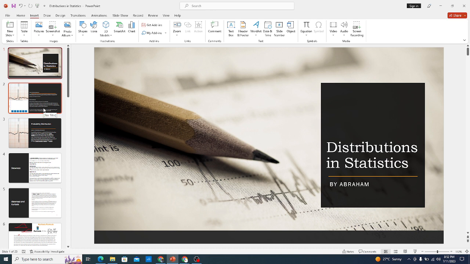So here, as you know, we have very many types of distributions. We have the student t distribution, chi-square, Poisson distribution, Gaussian or normal distribution, exponential distribution, and we also have binomial and binary distributions. Those are just examples of the many distributions we have.